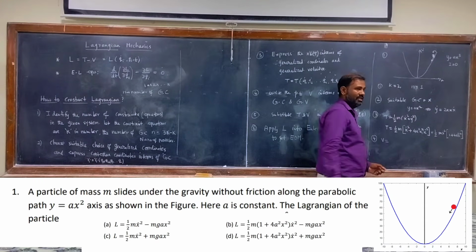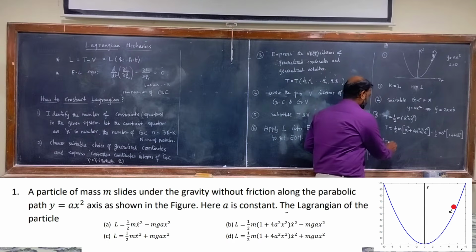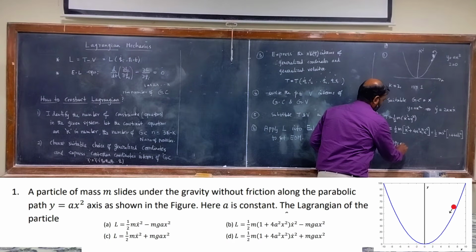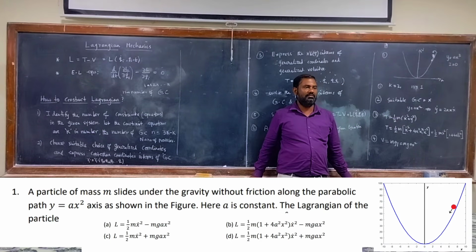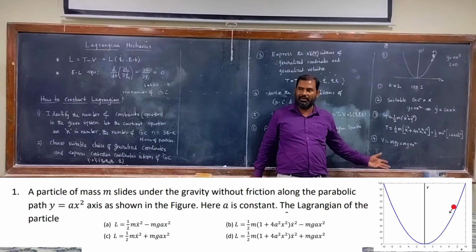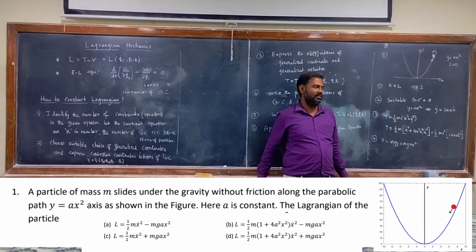Potential energy, what is the potential energy? m g y. Again look, the potential is only a function of the generalized coordinate, and the generalized coordinate here is x. Fine.